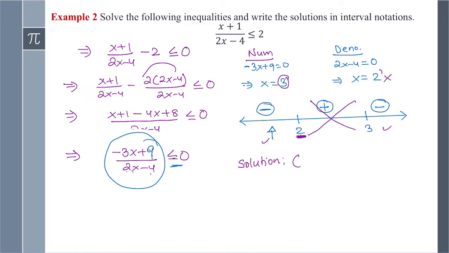So it's negative infinity to 2, open interval, and then union. Now we can include 3 because that's the critical number that we obtained from the numerator. So 3 to infinity, and this is our solution.